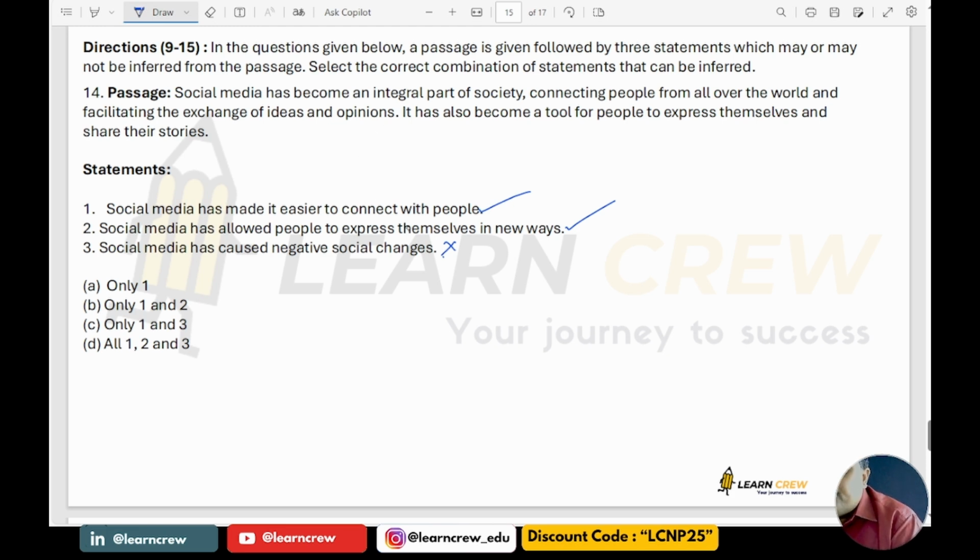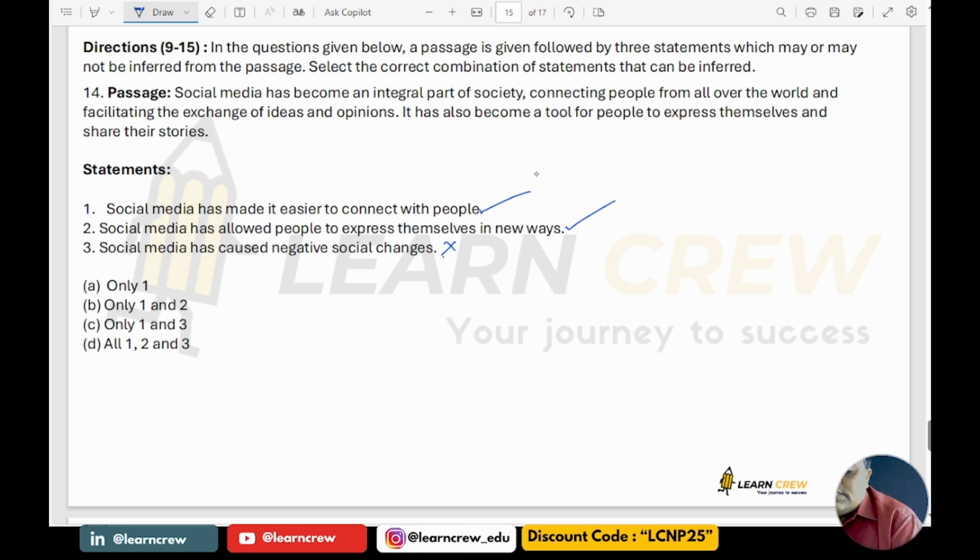These two are the inferences which can be drawn from the passage, but 3 cannot be inferred. Please see here. Statement 1 states that social media has made it easier to connect with people. It is supported by the passage, as the passage states that social media has become an integral part of society, connecting people from all over the world, thereby 1 can be inferred.